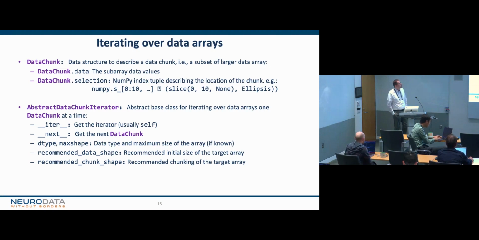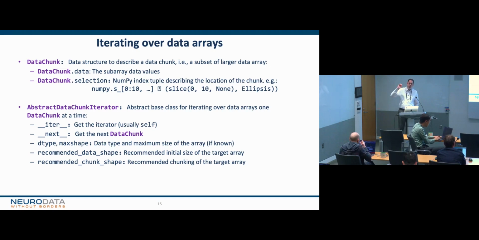Then you have data structures that inherit from AbstractDataChunkIterator, a class that simply iterates over data chunks and returns data blocks one at a time. And when we call write and provide those, the I/O backend will iterate over the data chunks and write them into HDF5 one block at a time.